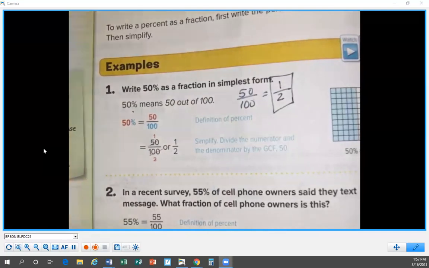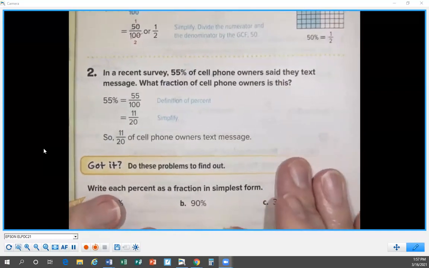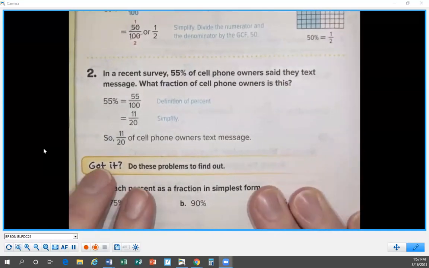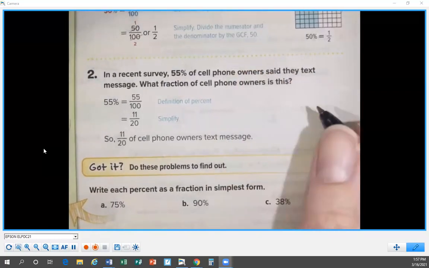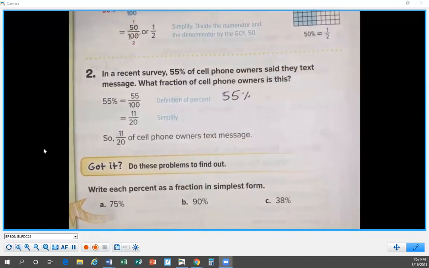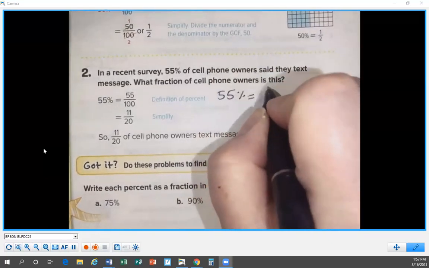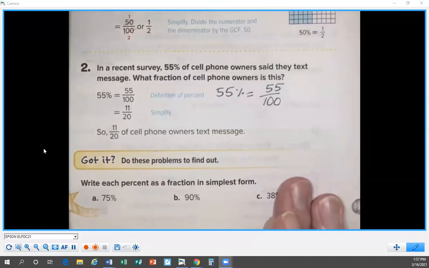Number 2. In a recent survey, 55% of cell phone owners said they text message. What fraction of cell phone owners is this? First, let's start with the 55%. 55% is equivalent to 55 out of 100.